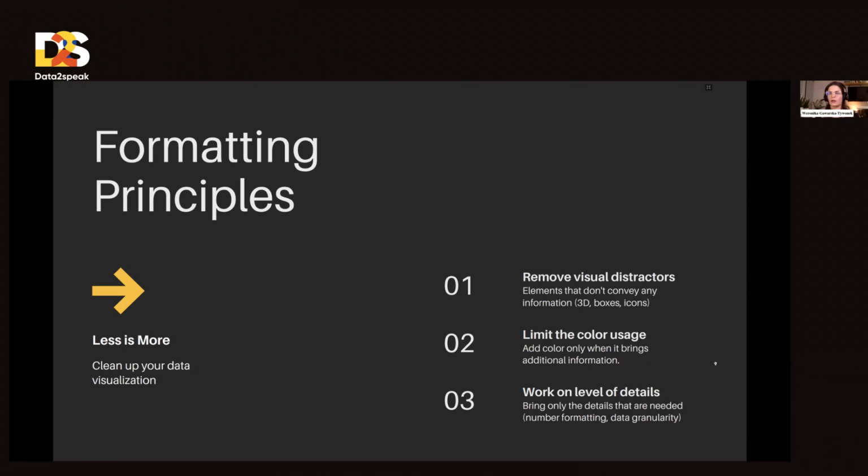So do we provide the data on a level of details that is needed? So this applies to number formatting and the data granularity. If the user wants to see the data on aggregated regional level, then we should provide the data on that level, not include the data on a country level, because in this case it will only be noisy information and it will blur the message and it will not be useful for the user.